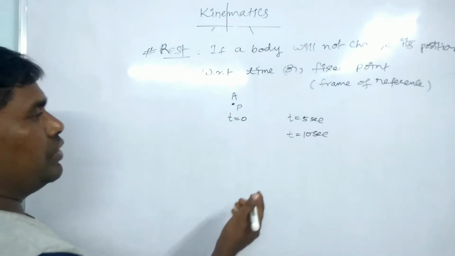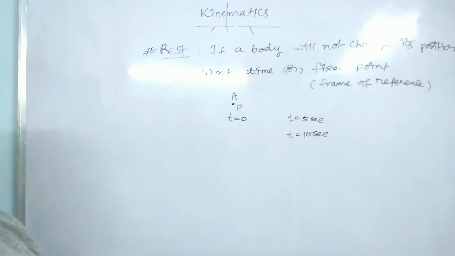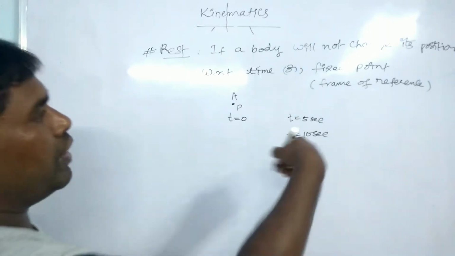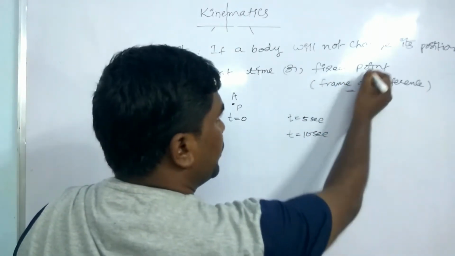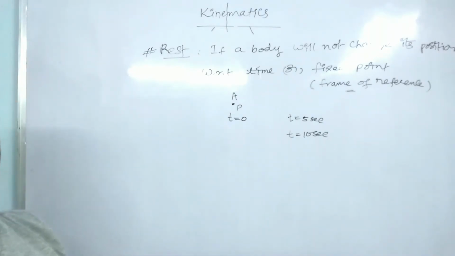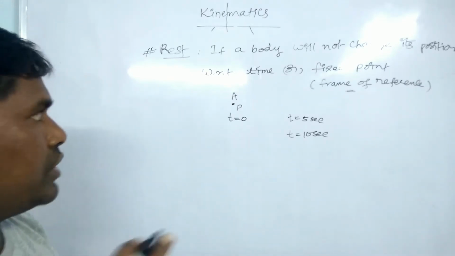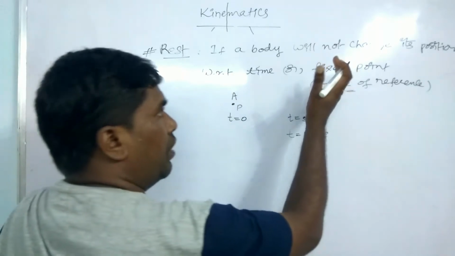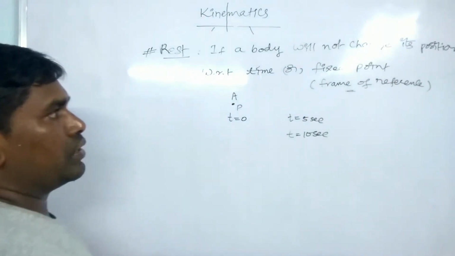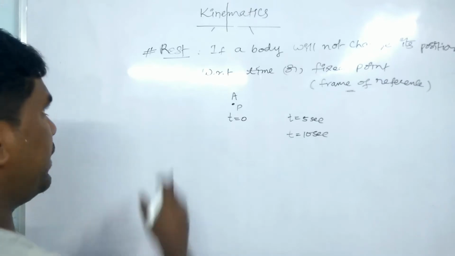Because as time increases, the particle does not change its position. Wherever you stay, that is the fixed point, the position of the particle does not change. That is rest. So if a body does not change its position with respect to time or the fixed point or frame of reference, then it is said to be at rest.